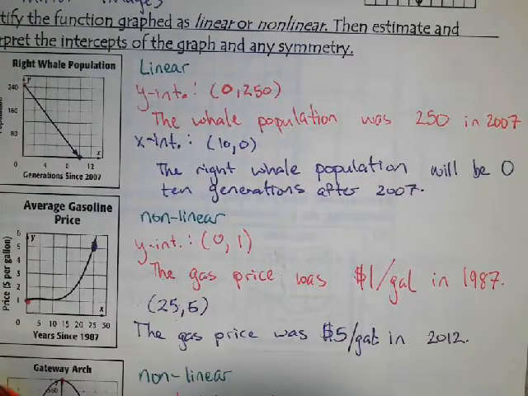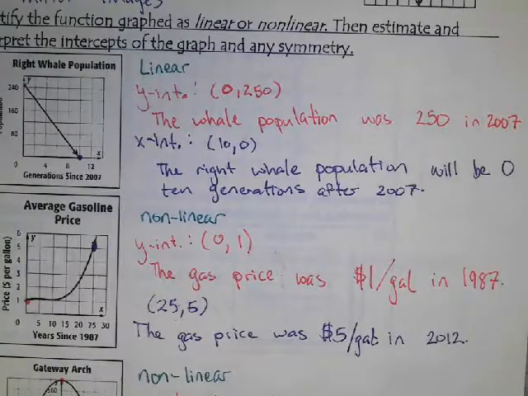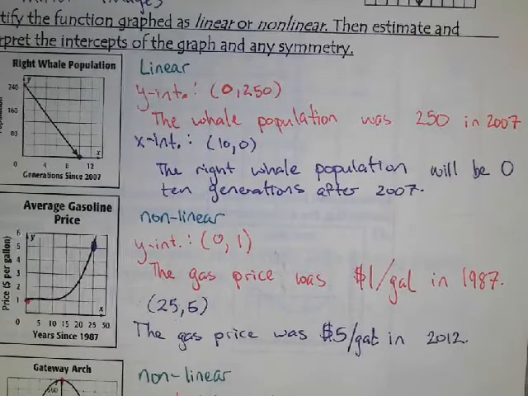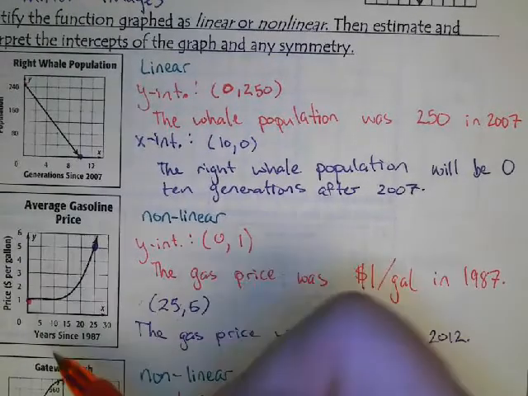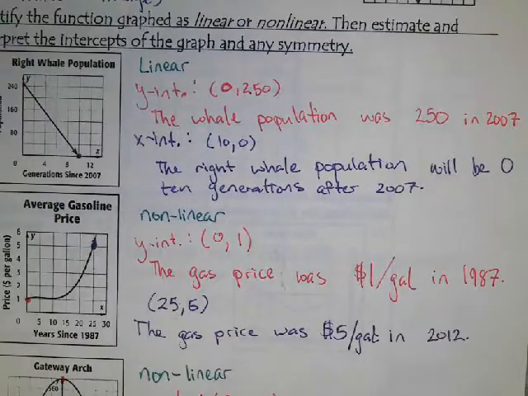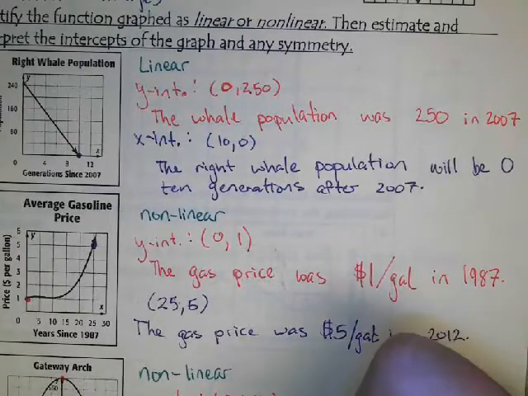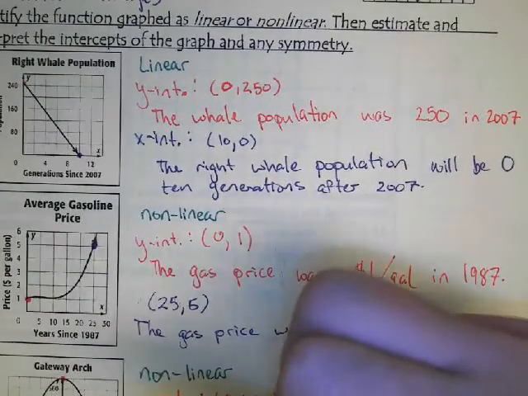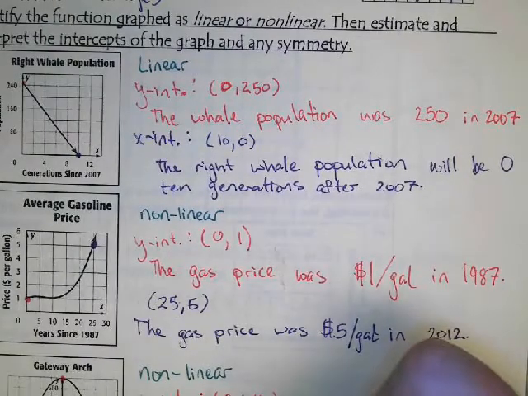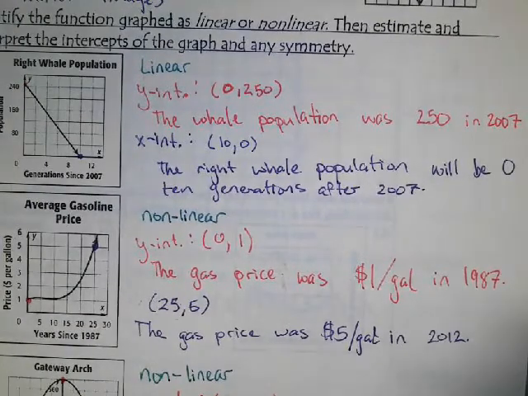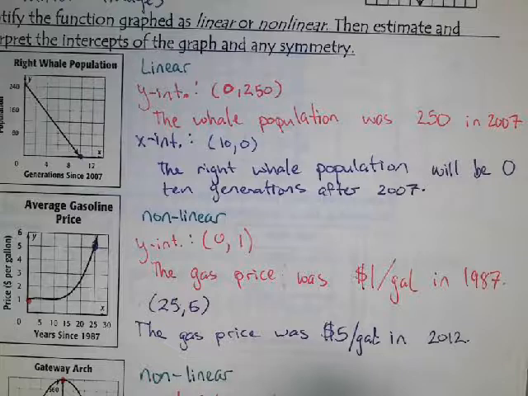And this is telling us the height of the arch. The y-axis is the height of the arch, and the x-axis is the distance from the middle of the arch to the outer edge of the arch. So we can say that the maximum height of the arch is 640 feet.